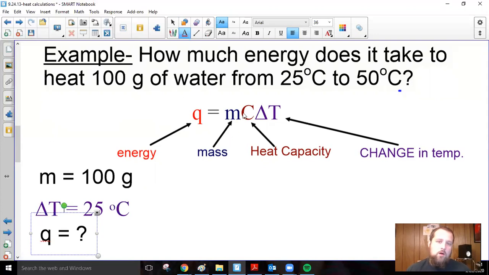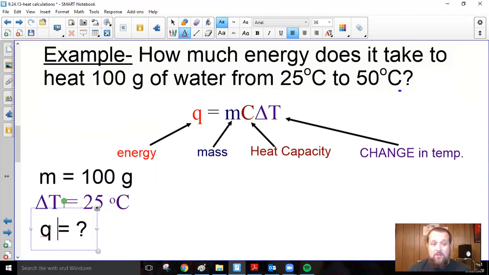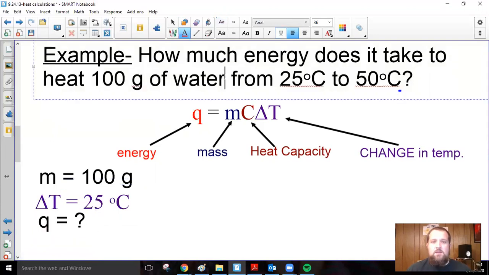We need to know all three: mass, heat capacity, change in temperature, and we don't know it, at least from the question. But the question doesn't tell us because they know we have the reference tables. And what they do tell us is that this is water. And on the reference tables, we have a reference table for water.